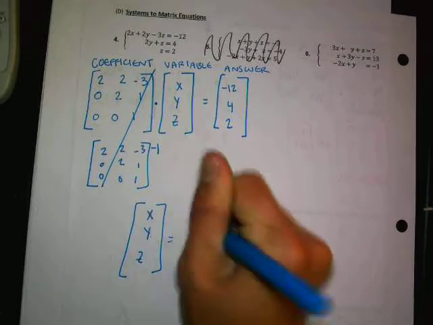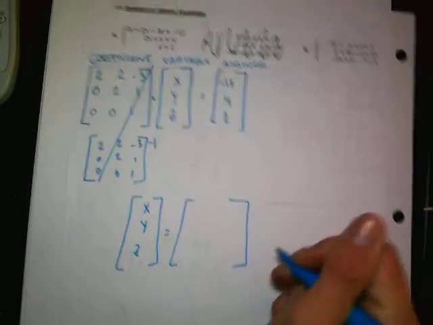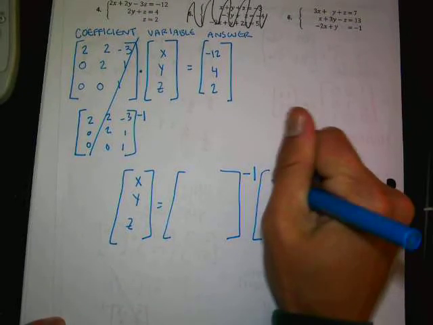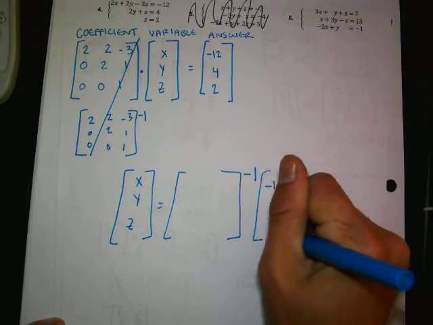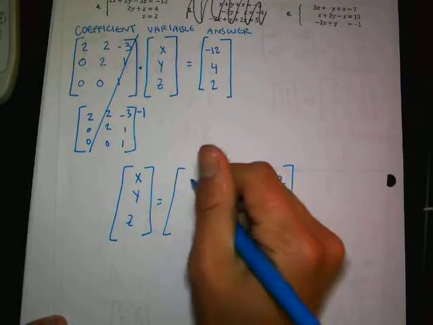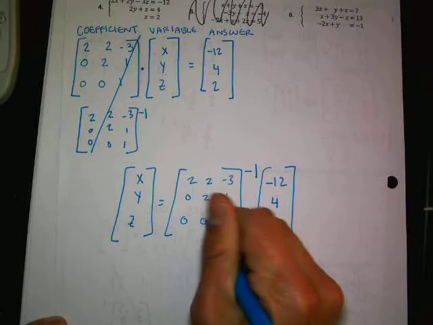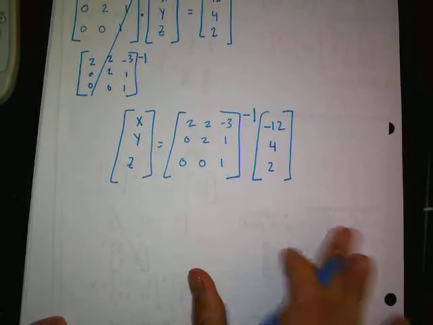If you do it to one side, you have to do it to the other, and your inverse has to go first. So it goes in front of the answer matrix, with the little negative 1 exponent.